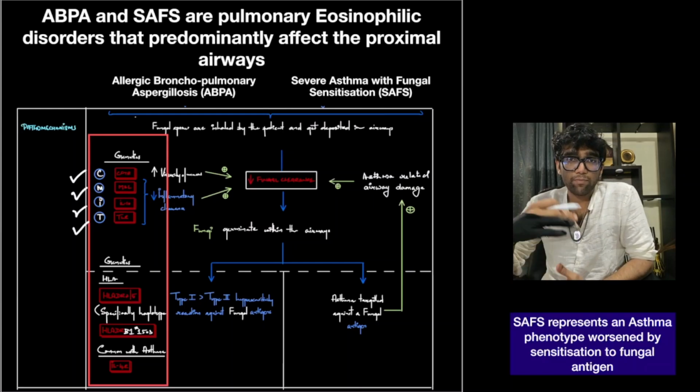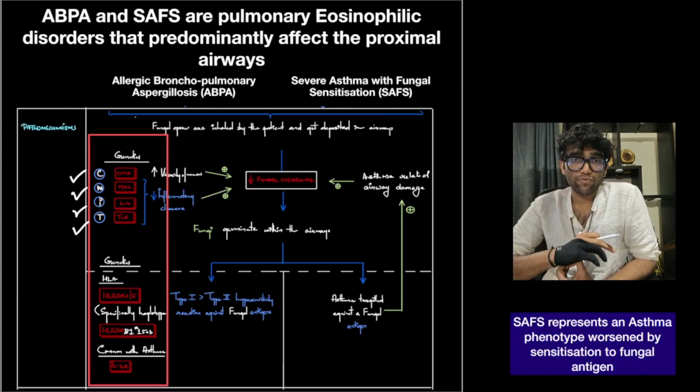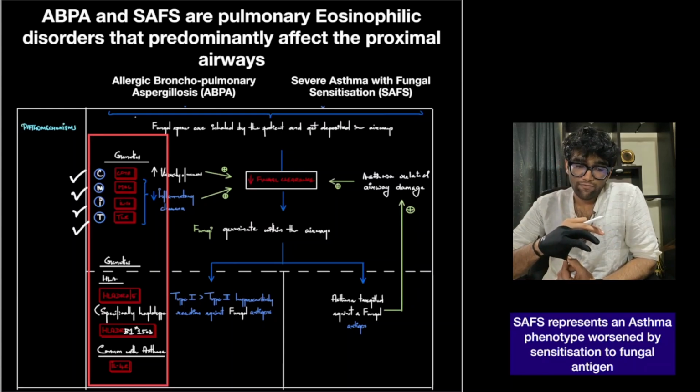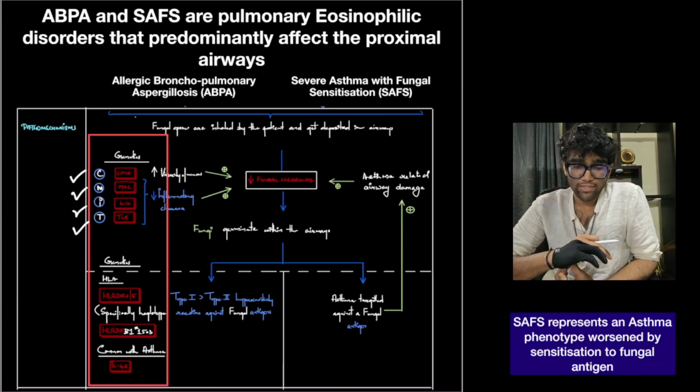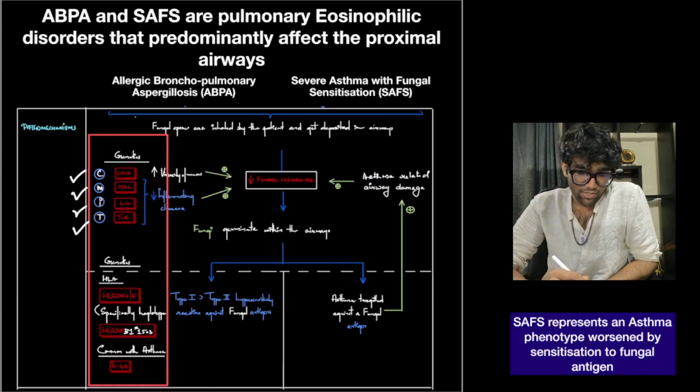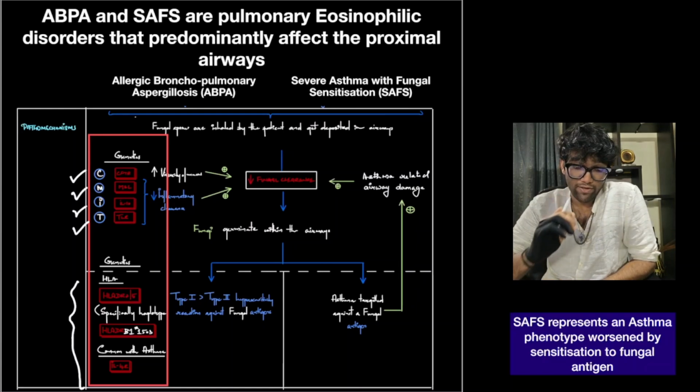Because of this, they develop an excessive florid immune response dominated by eosinophilic infiltration against the fungus due to excessive Th2 polarization. And they have a specific HLA association. The HLA association is HLA-DR2 and 5 and HLA-DRB1*1503.